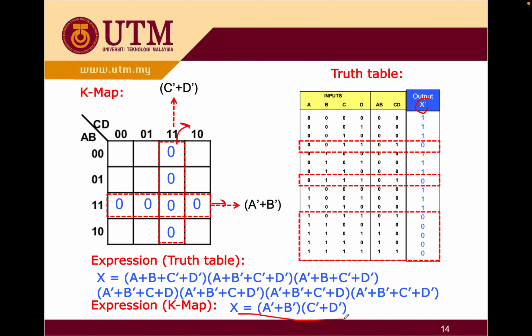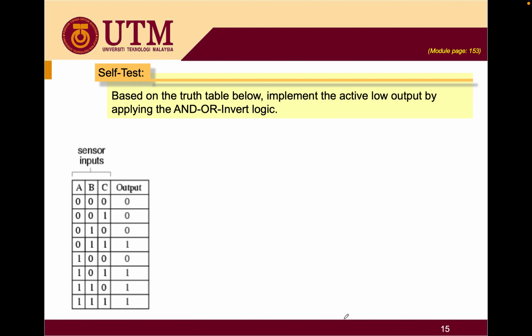And after you have the simplified version of the expression, you need to draw it. Implement the active low output. What is active low output? Just now I already mentioned, you need to add a NOT to your AND-OR logic by applying the AND-OR-inverse logic.